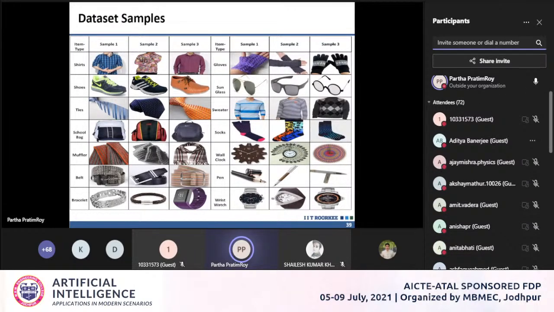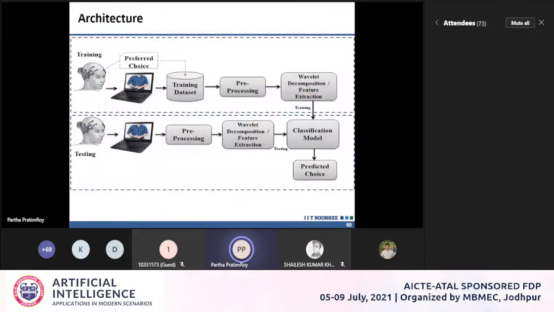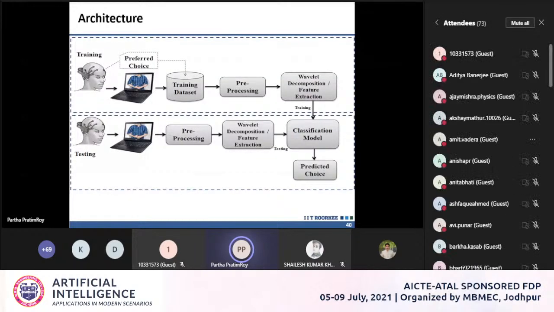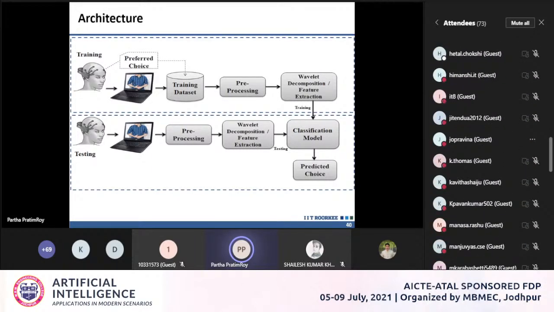Fine. So we collected the data from these products, and after that we applied the machine learning paradigm that I have already explained. You have this data set with some training data.